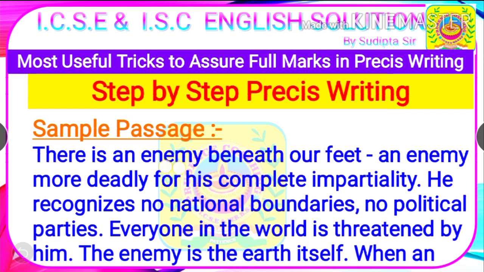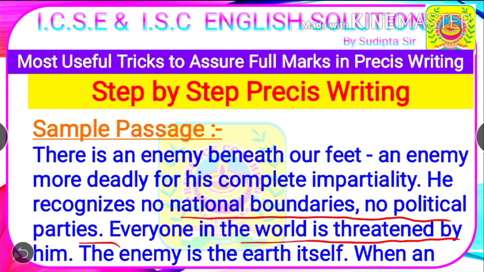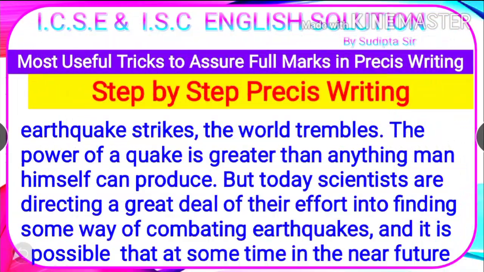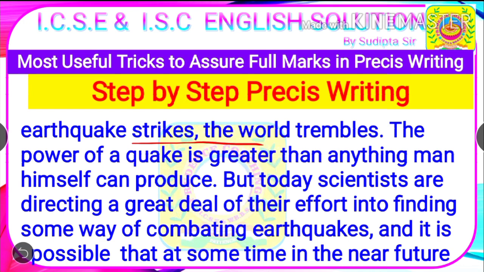There is an enemy beneath our feet, an enemy more deadly for his complete impartiality. He recognizes no national boundaries, no political parties. Everyone in the world is threatened by him. The enemy is the earth itself. When an earthquake strikes, the world trembles.